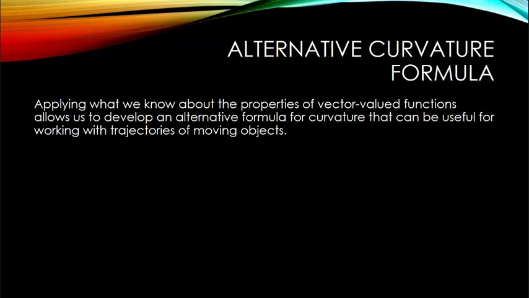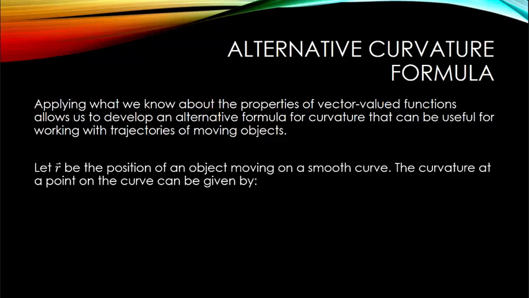Now there is an alternative curvature formula. If we apply what we know about properties of vector valued functions, we can develop an alternative formula for curvature that can be useful for working with trajectories of moving objects, especially in 3D. We'll let the vector r be the position of an object moving on a smooth curve.